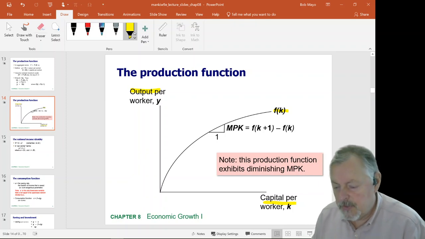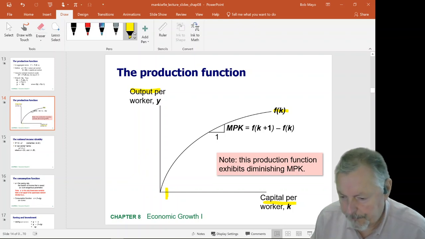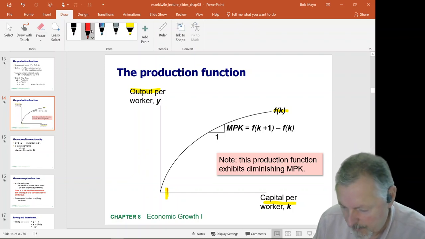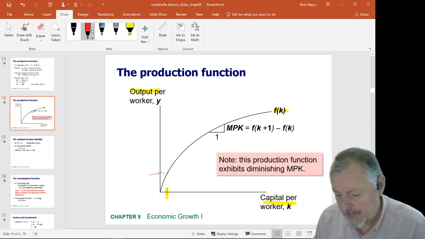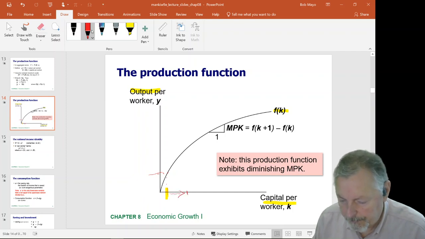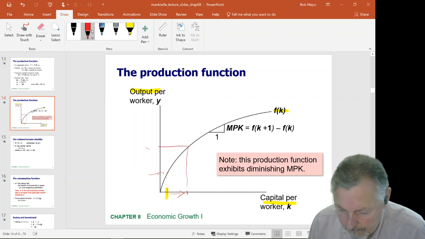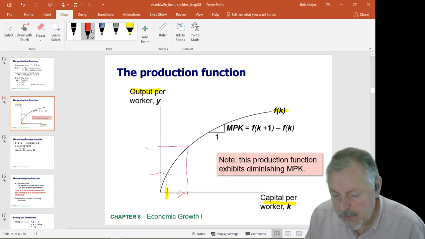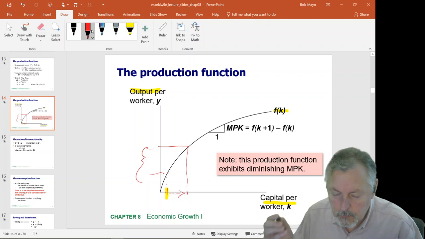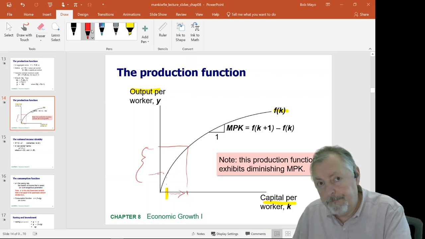If you add a unit of capital, and you currently have very little capital, let's say that much, so you have this level of output per worker, and you add a unit of capital per worker, it has a big increase, relatively, in output.